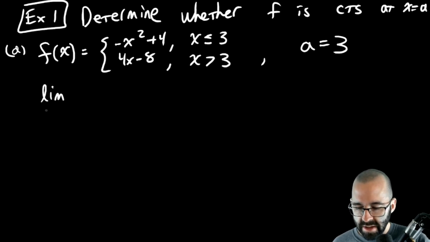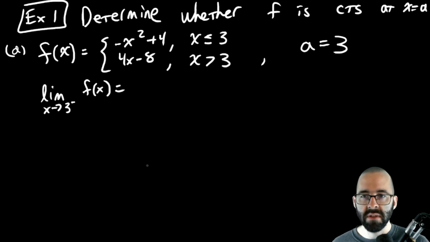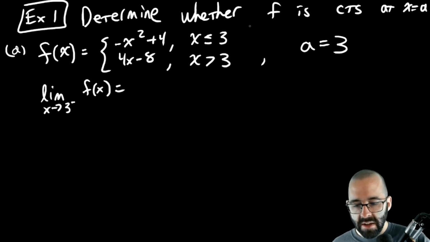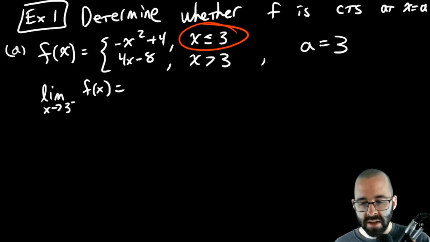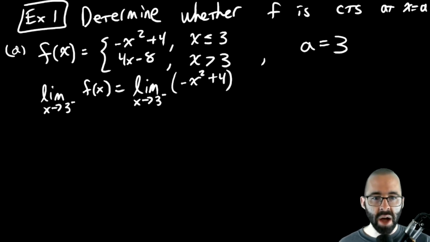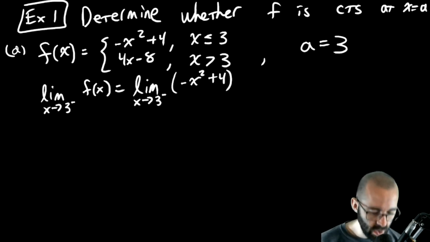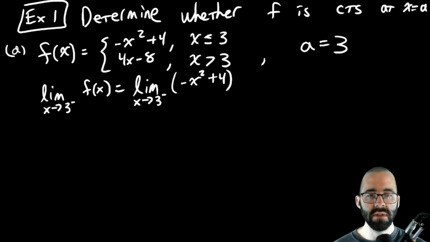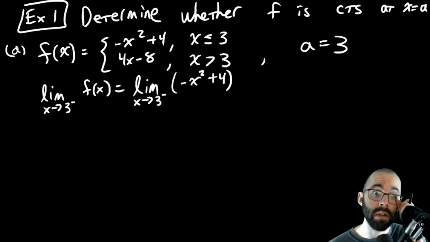So first, let's look at the limit as x approaches 3 from the left of this function. And notice that if we're to the left of 3, we're always using that top piece. So from the left, this is the same as the limit as x approaches 3 from the left of that top piece. This is a polynomial. Negative x squared plus 4 is a quadratic, a specific case of a polynomial.